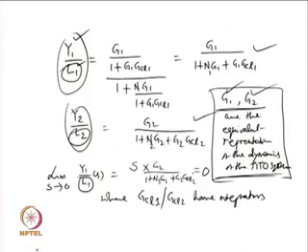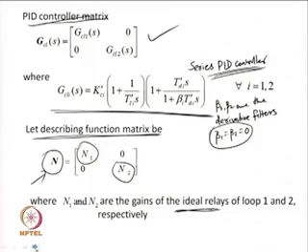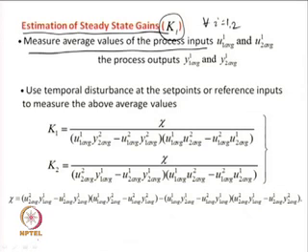So, measure those average values when R1 and R2 are having some values, and at that time denote the process inputs by U11 average and U21 average. Similarly, the process outputs at that instant are denoted by Y11 average and Y21 average.